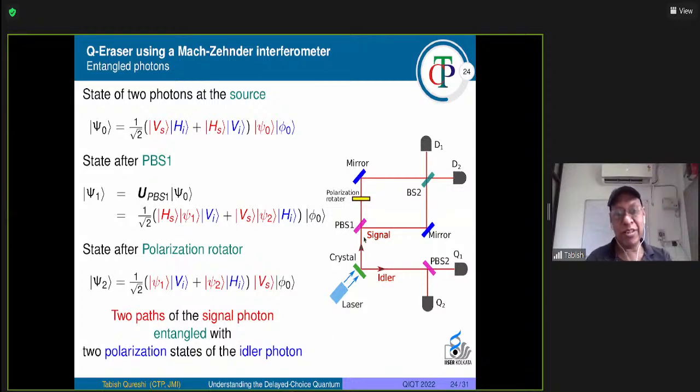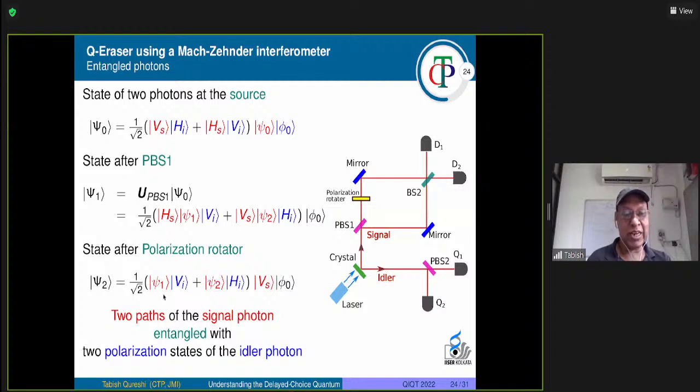So why have we done this complicated thing? Because now it is very easy. The particle is going through two different paths, and polarization is the same in both the paths. But now looking at the polarization of the other photon, which is far away, I can find out which path this photon is taking.